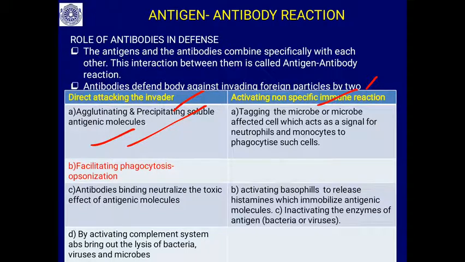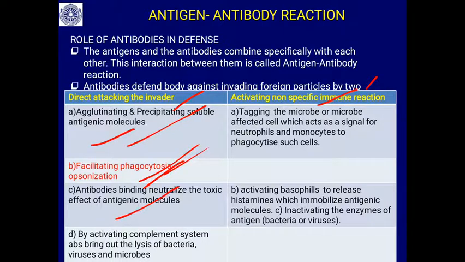Thereby these antigenic molecules will be recognized by monocytes or other immune cells, and they phagocytize them. Then they bring the opsonization reaction, or phagocytosis. The antibody binds and facilitates phagocytosis by the macrophage.